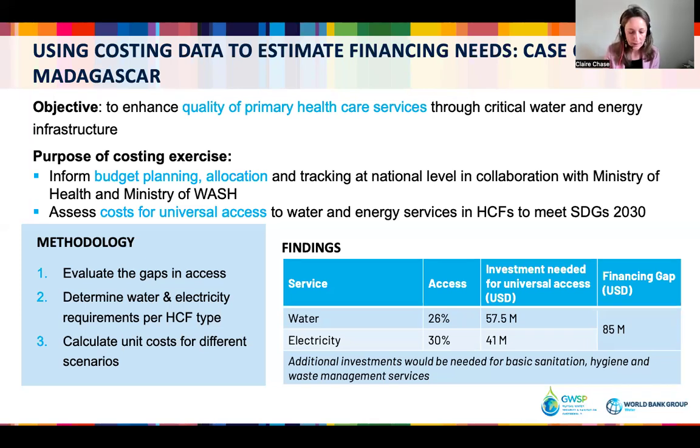as one indication. So what they did was firstly to gather the gaps in access, coverage of water supply and electricity and healthcare facilities across the country. They determined what would be required based on those levels of coverage to achieve the basic levels of access and then electricity access in the healthcare facility for each type of healthcare facility.